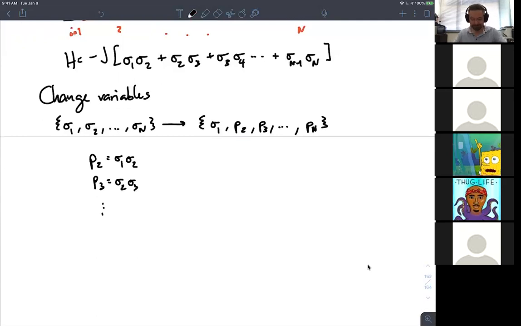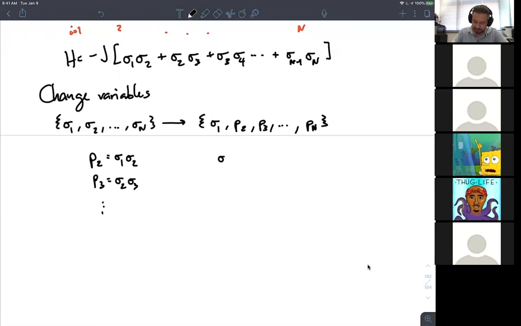And now we pointed out that if sigma i and sigma i plus 1, or whatever two spins you're talking about, are the same, plus 1 and plus 1, then P i plus 1 is equal to plus 1.